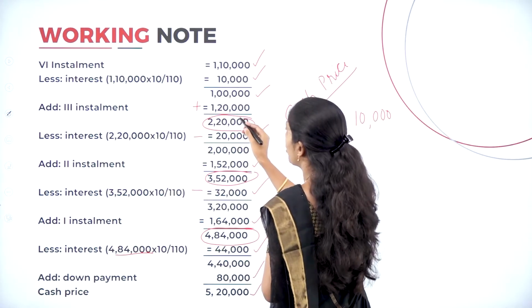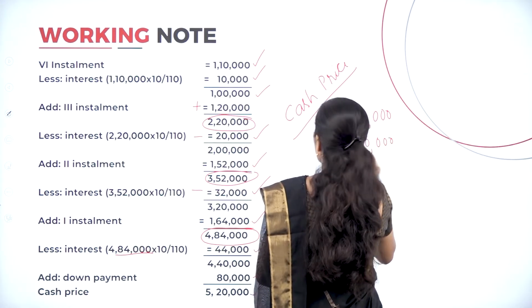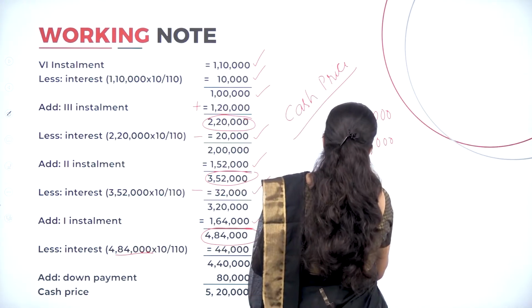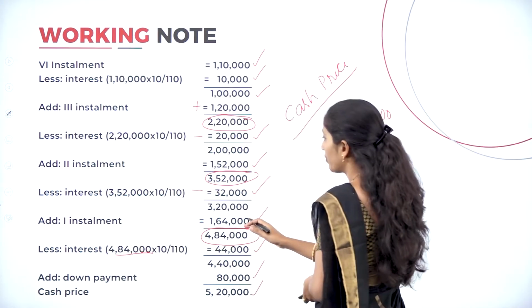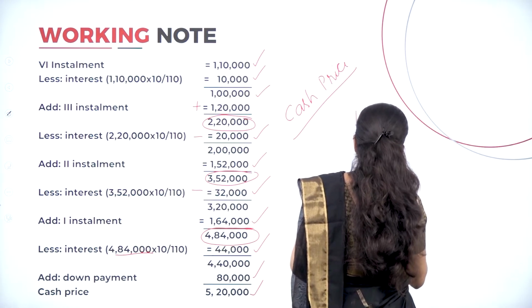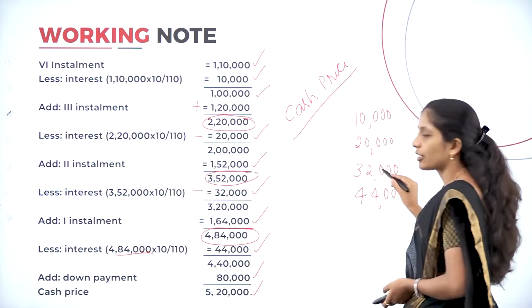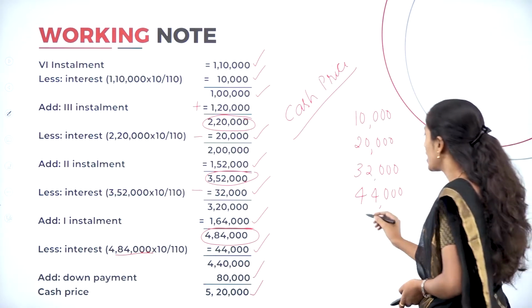Third year interest is 20,000. Second year interest, 32,000. First year interest is 44,000.